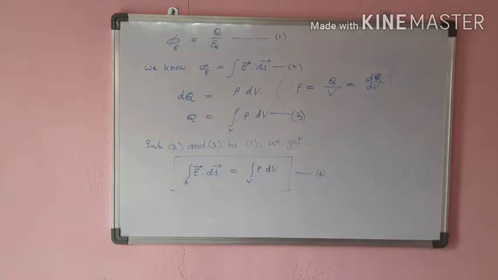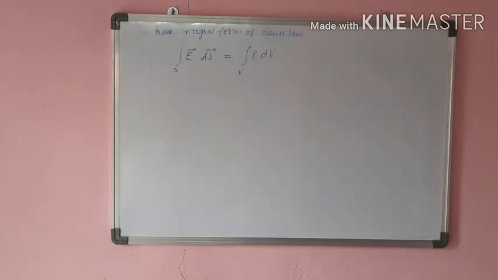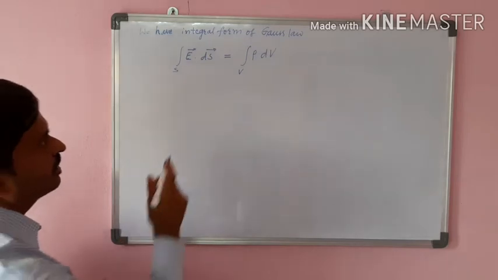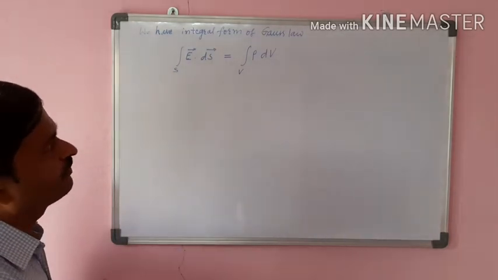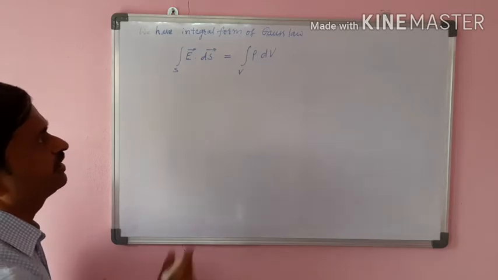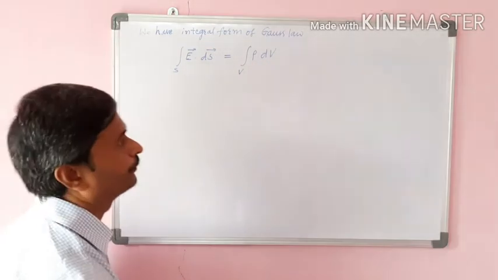Now from this integral form of the Gauss law, let us take the differential form. We have integral form of Gauss law. Surface integral of E dot ds is equal to volume integral of rho dv, charge density into volume.